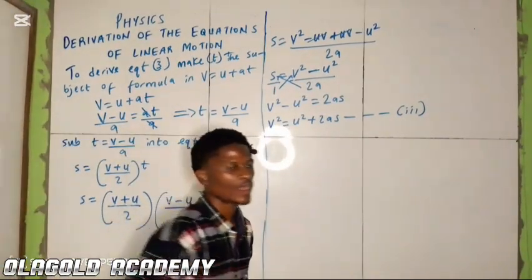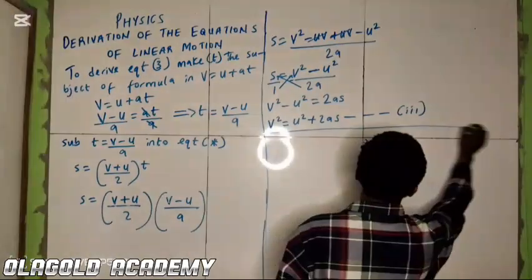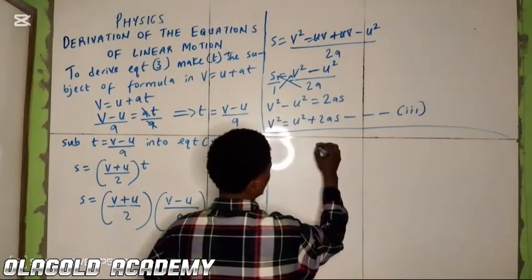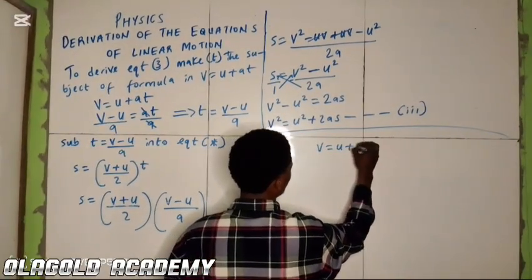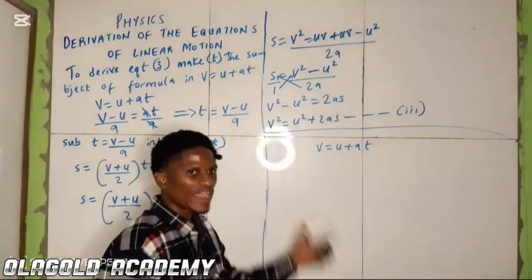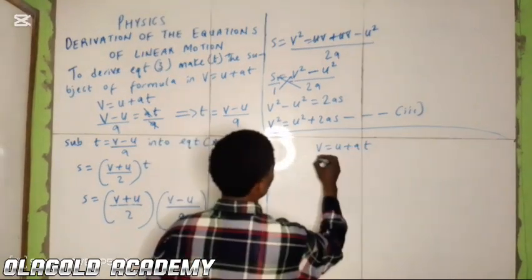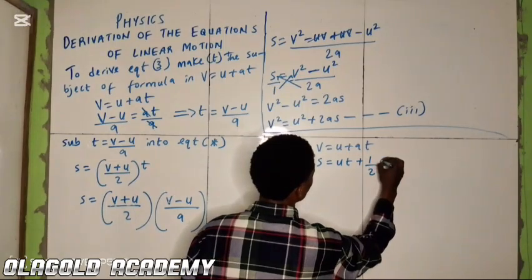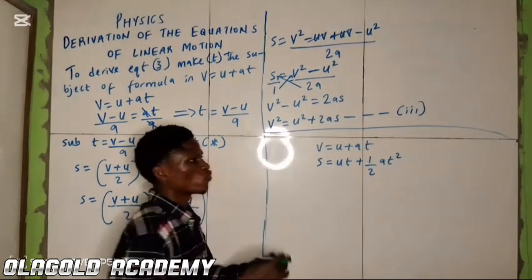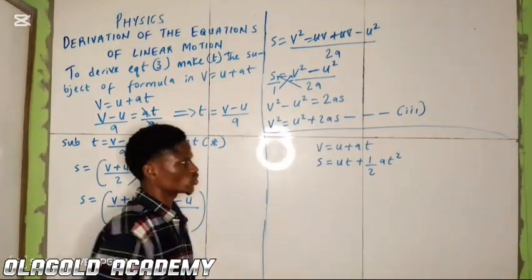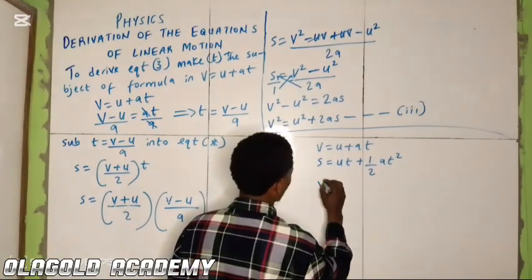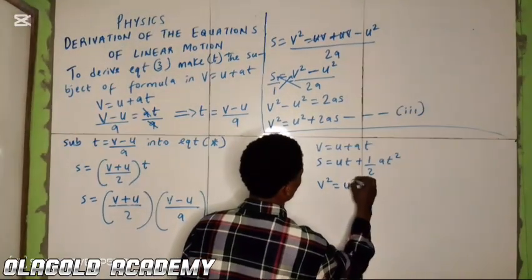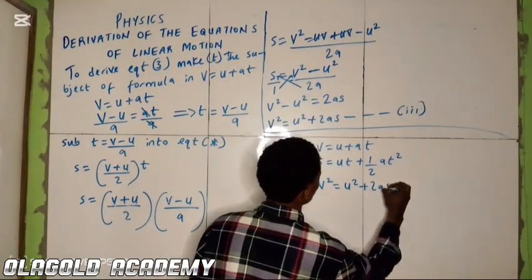So far, we have brought out the first equation, which is what? V equals U plus AT. We have derived the second equation, which is what there? S equals UT plus half AT squared. We have derived the third equation, which is what there? V squared equals U squared plus 2AS.